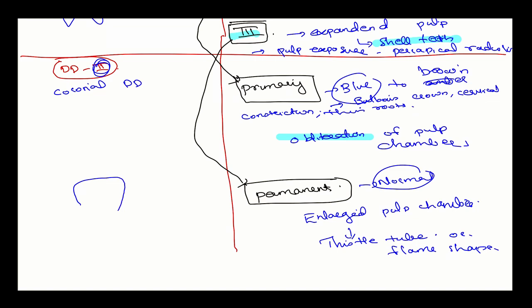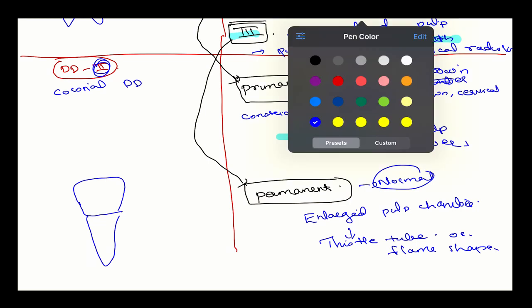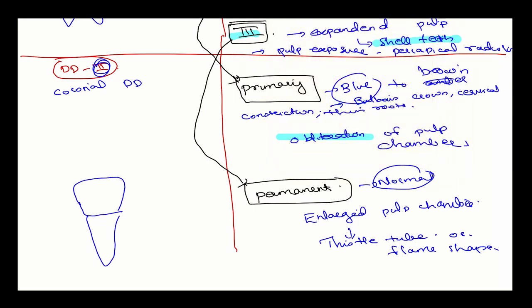Flame shape. Why? If I take an anterior tooth like this, usually you know what a flame shape is. It's thistle tube. You know what a thistle tube is? I don't know how I'll draw this. Yeah, it's like this. You can get a picture when you search the internet. So this is what happens.